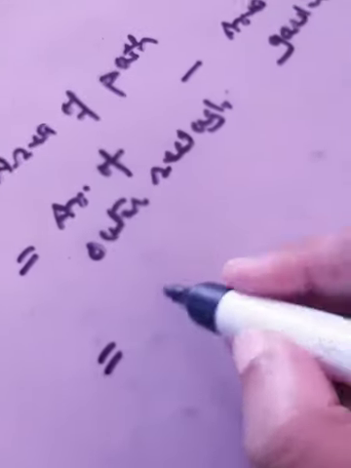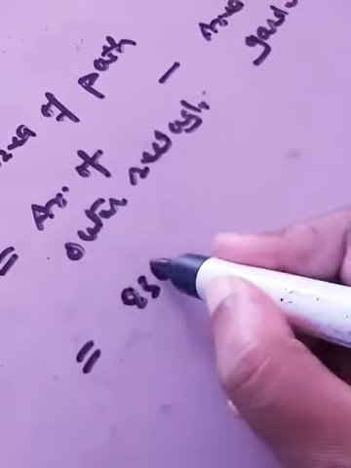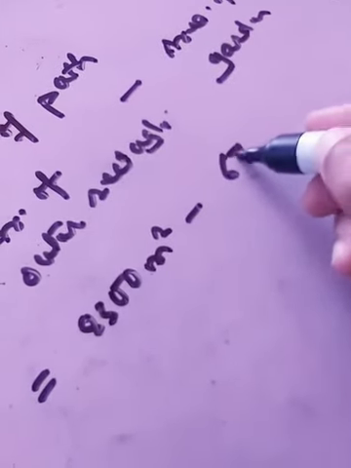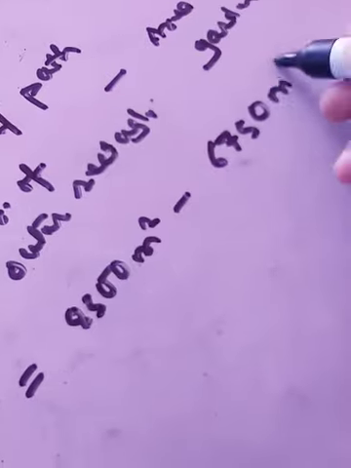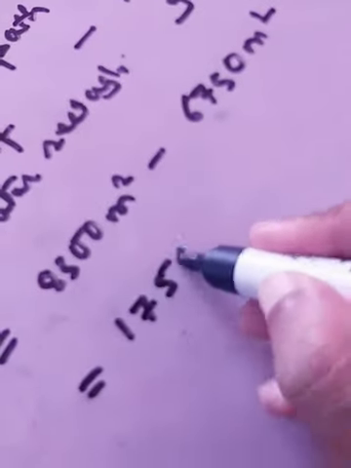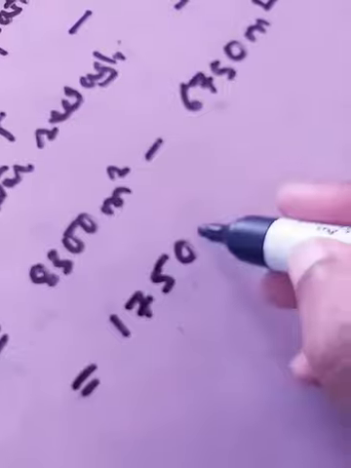So what is the area of the outer rectangle? 8500 meter square, and the area of the garden was 6750 meter square. And when you do this, you will get the answer as 1750 meter square.